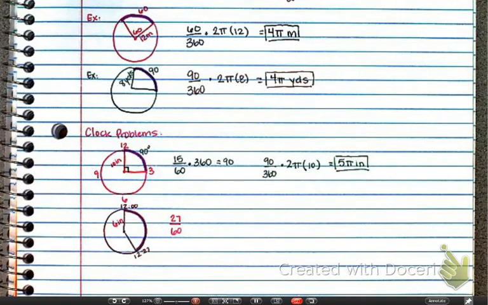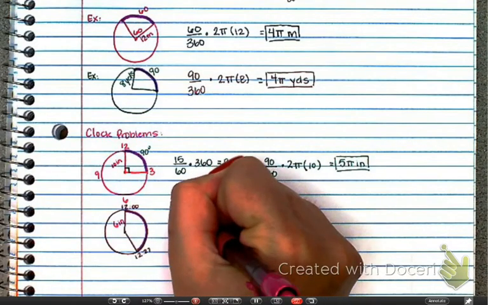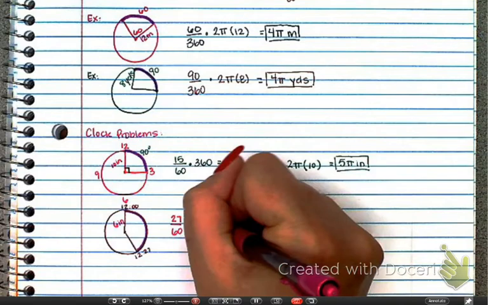Hold on, I'm going to do it with you. I just need you to stop talking so that you can hear me. We're going from 12 o'clock to 12:27, and our minute hand is 6 inches long.